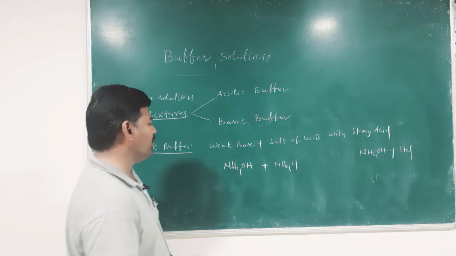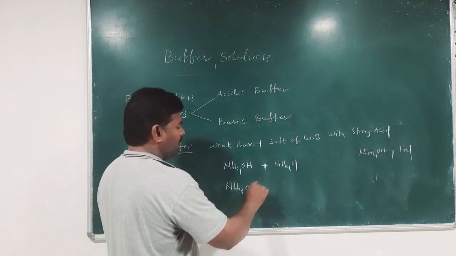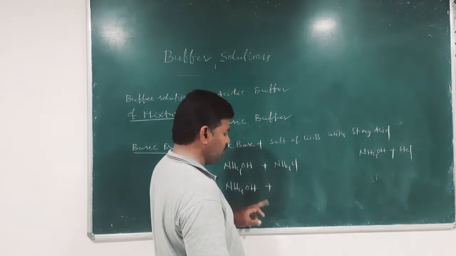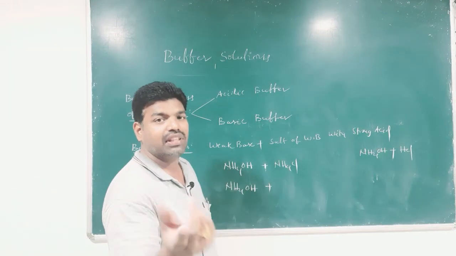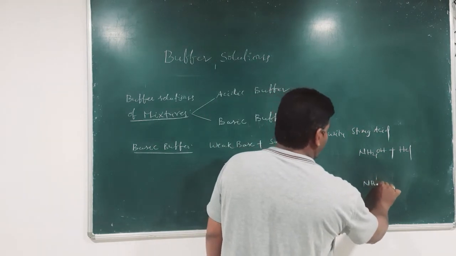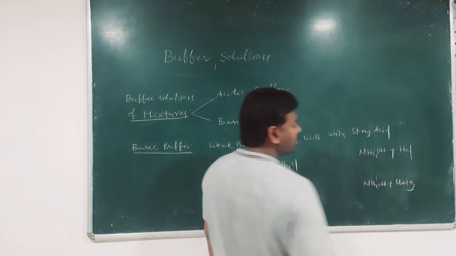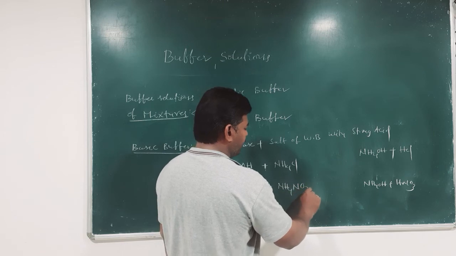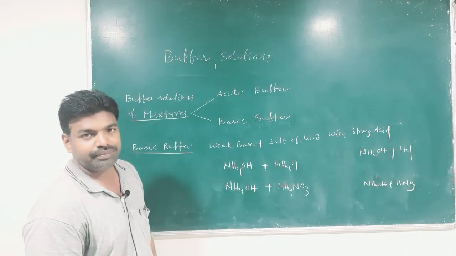Okay, and one more example is ammonium hydroxide, a weak base, forming a salt with another strong acid. For example, ammonium hydroxide and the strong acid HNO3 form the salt NH4NO3. This is also an example of a basic buffer.